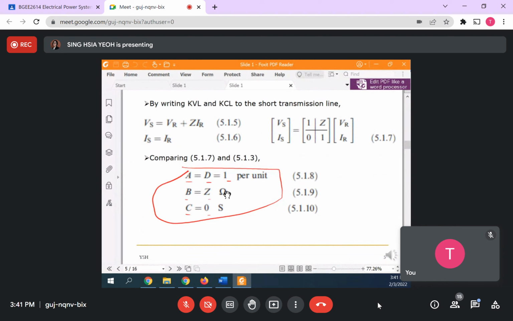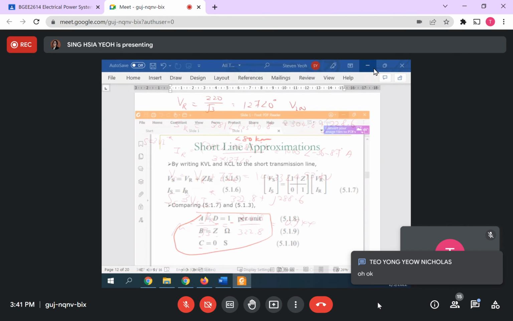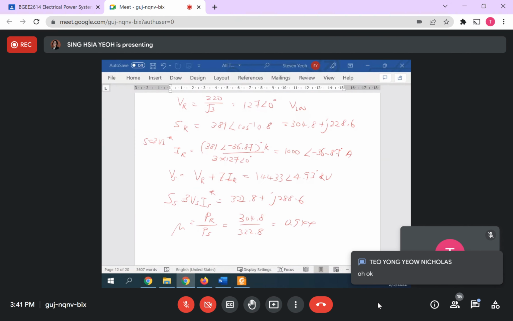So basically you find Z, then substitute the ABCD in, and this is the formula for a short line. So you only need to find VS. IS is basically equal to IR. Nicholas, can you understand what I mean? This is just an equation given in the lecture notes. Any other question?